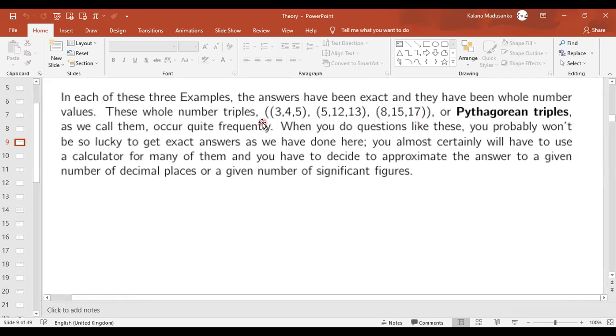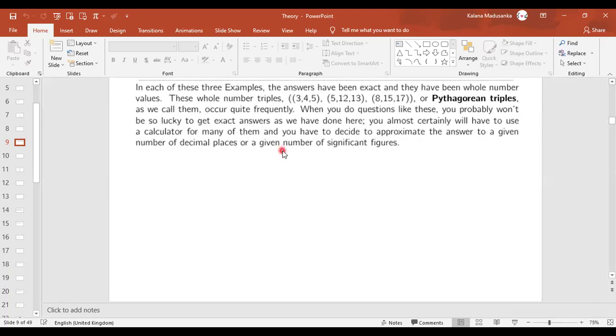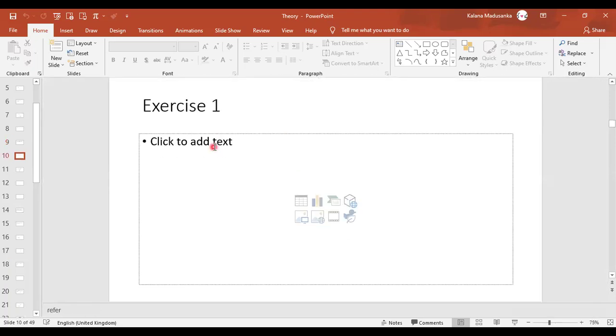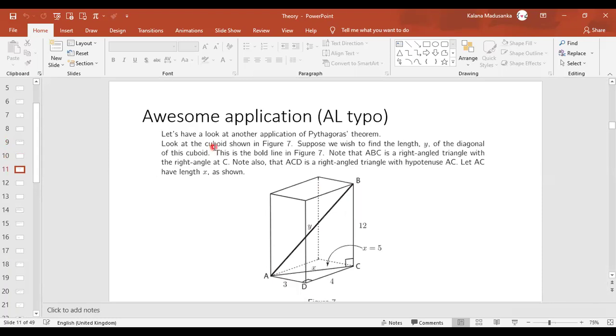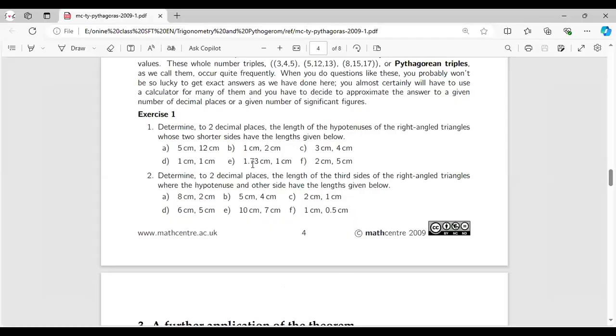All these whole numbers satisfy the Pythagoras theorem, giving a right angle triangle. And we can do some examples from this as well. Let me show you the examples.